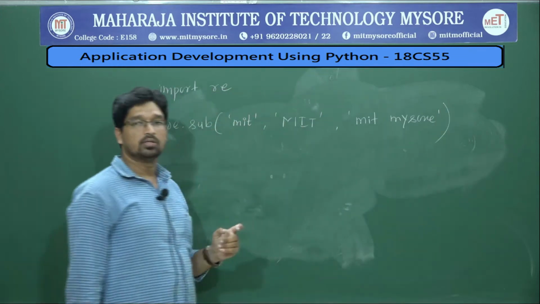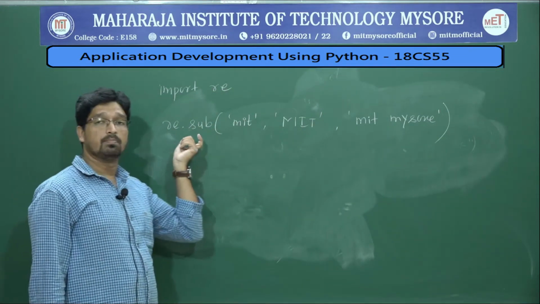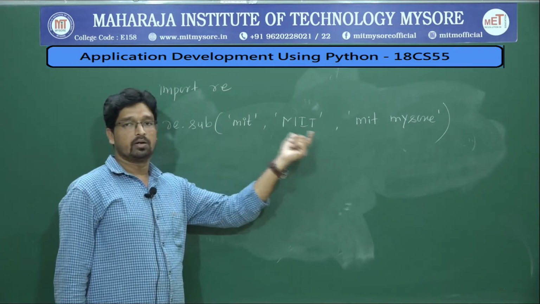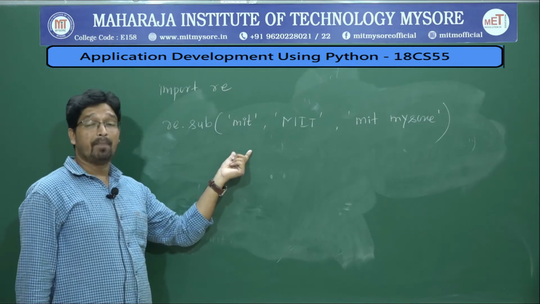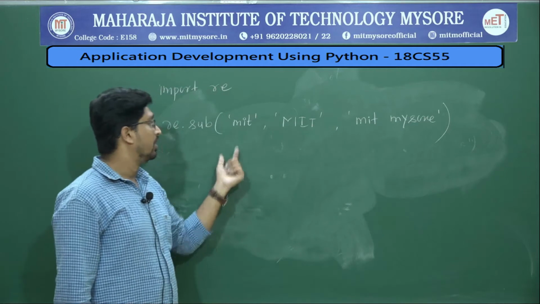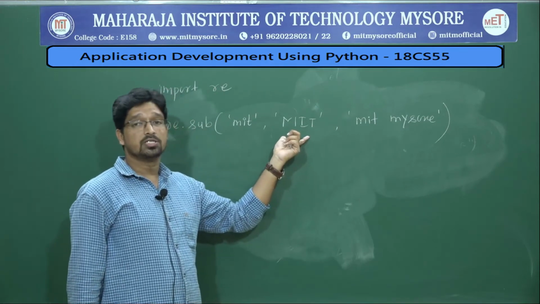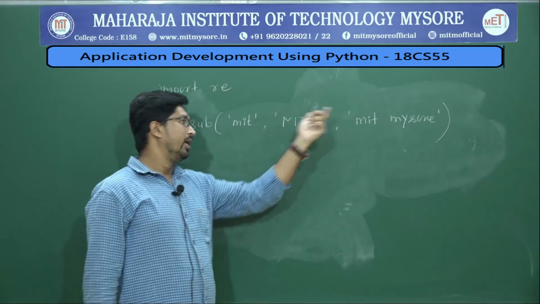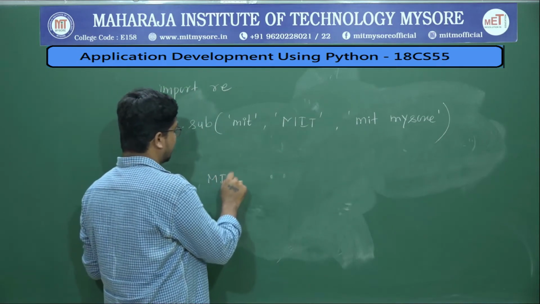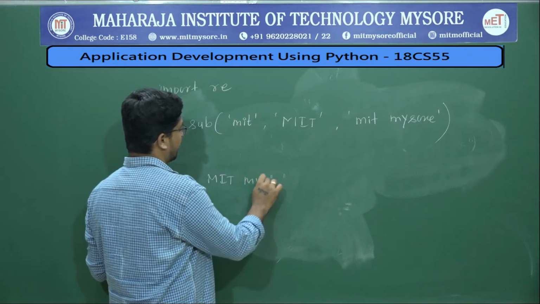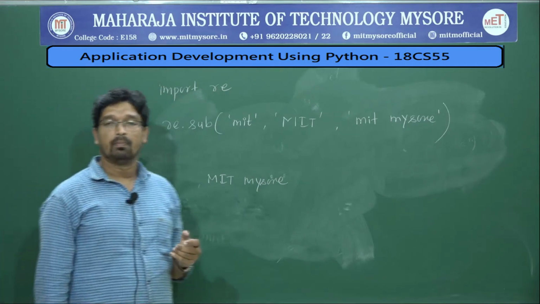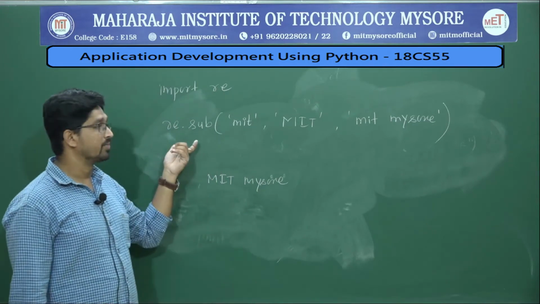So this is the sub method in re, the regular expression module. Sub takes three parameters. The first parameter is the pattern to be searched in the input string, then the substitution string, MIT in capital letters, and then the input. You will get the output as MIT Mysore. So this is how the substitute method works.